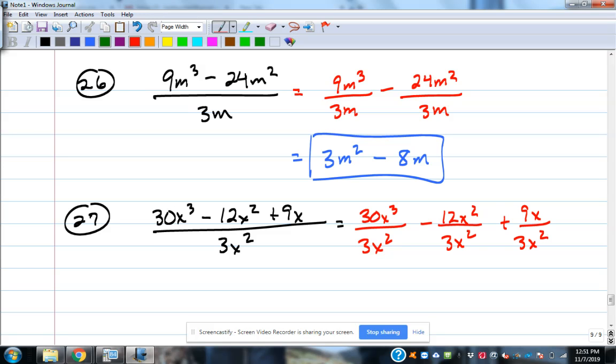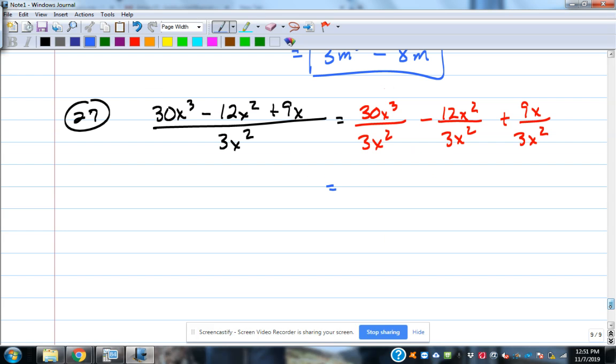And we're going to simplify each fraction. So what would the first one be? 10x. And then the second one would be minus 4, no x's at all, because the x squares cancel each other out. What's the last one end up being?